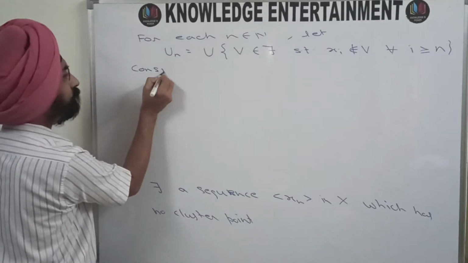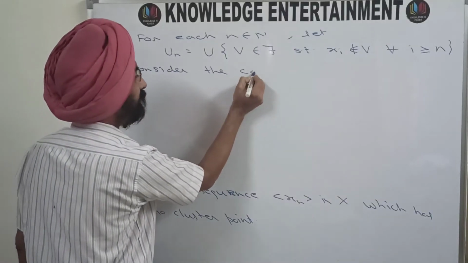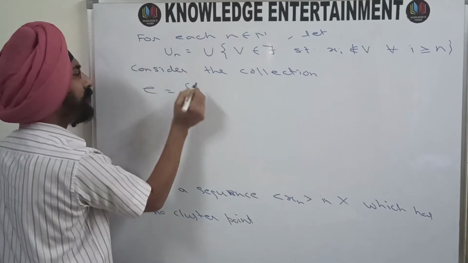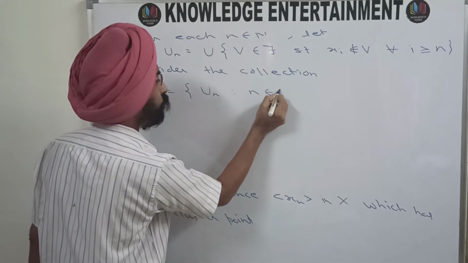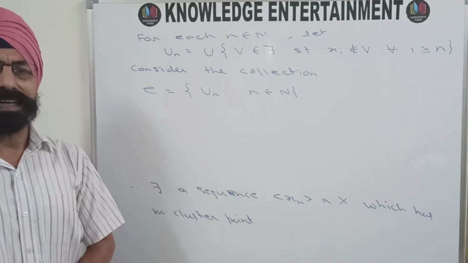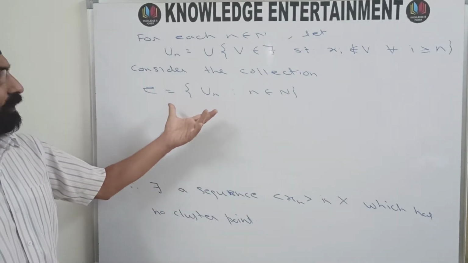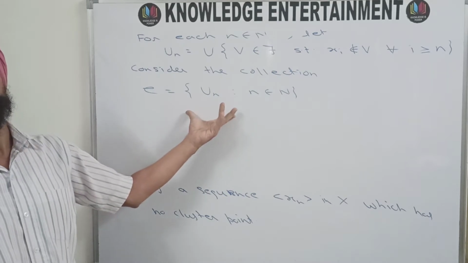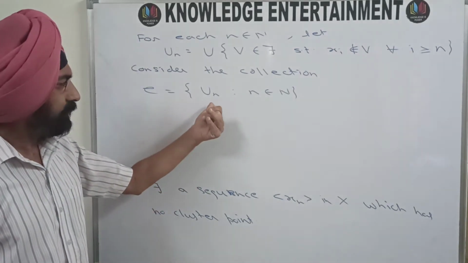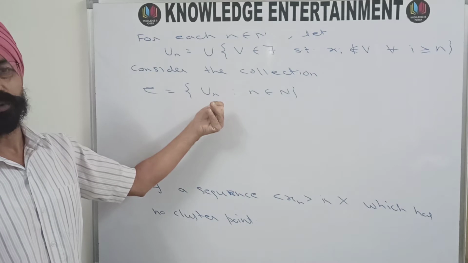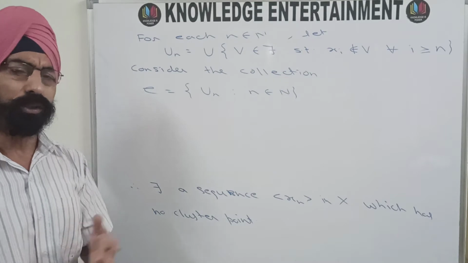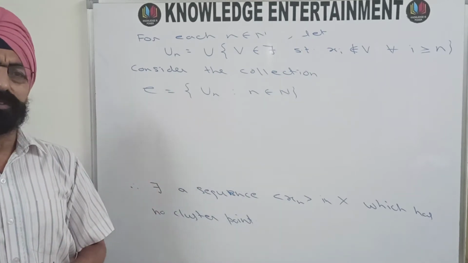Consider the collection C of all these Un where n belongs to N. That means U1, U2, U3 and so on. First we will show that this is a countable open cover of X. Countable it is because they are numbered using the natural numbers, so this set will be in one-one correspondence with the set of natural numbers.